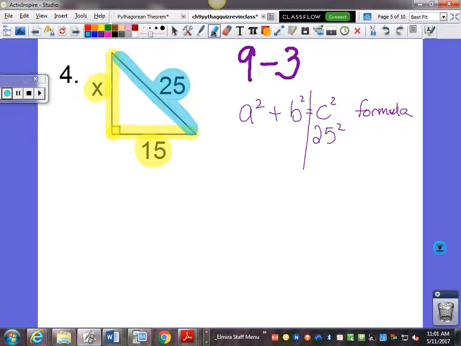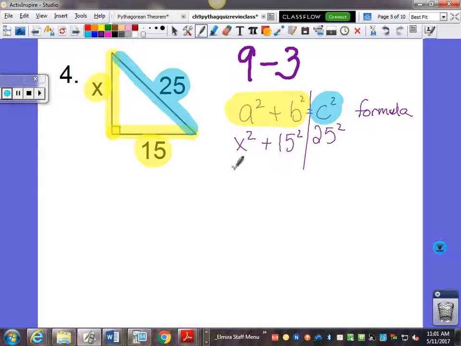Ooh, I did not color code my formula. Okay, and then x and 15 are my legs, and I could put x squared first and then 15 squared, or I could put 15 squared first and then x squared. The order doesn't really matter, although I personally like to put the variable first.